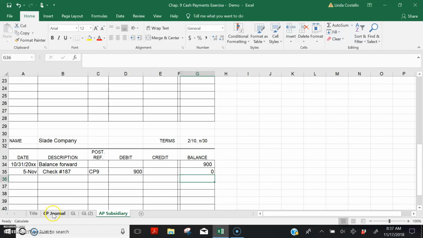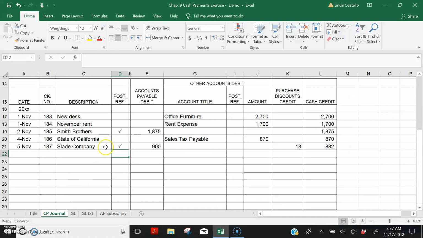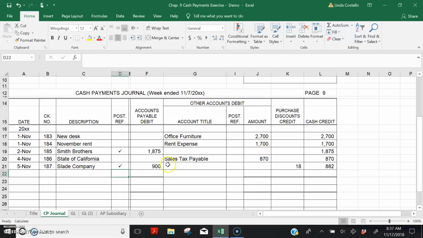Did you remember to place a check mark in the posting reference column next to Slade Company $900 in the cash payments journal?